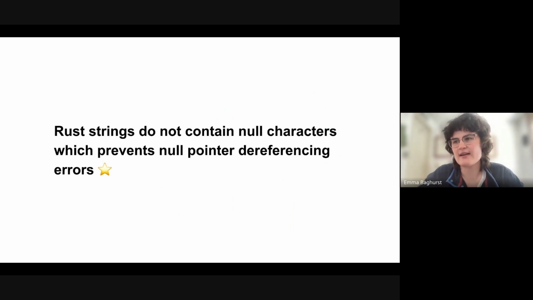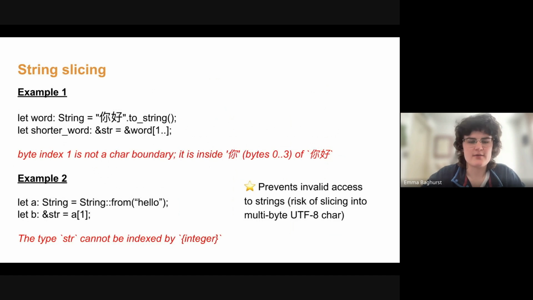Say you had a pointer pointing to something that was turned to null, which could happen if you have these null characters. If you then try to dereference it, it would be undefined behavior and your program might crash.